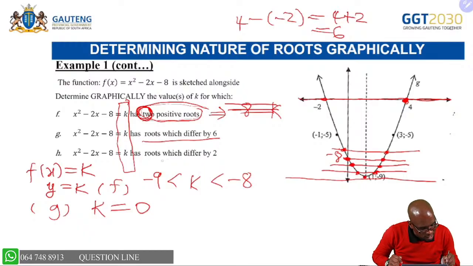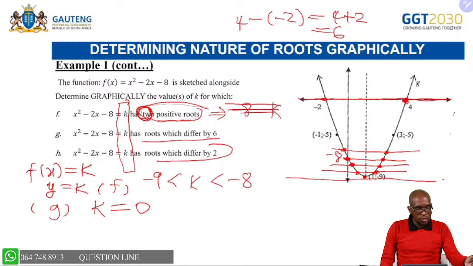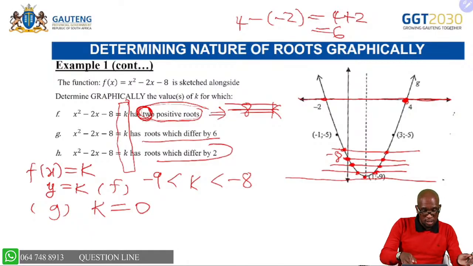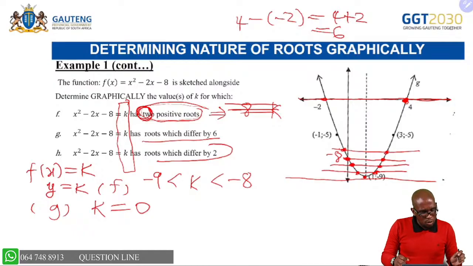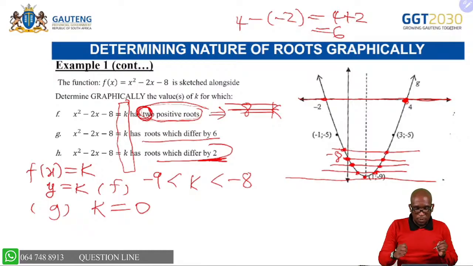Now another variation, roots differ by 2. This can be a level 3 difficult question. If you look at this now, they want where the roots differ by 2. It's a bit tricky.